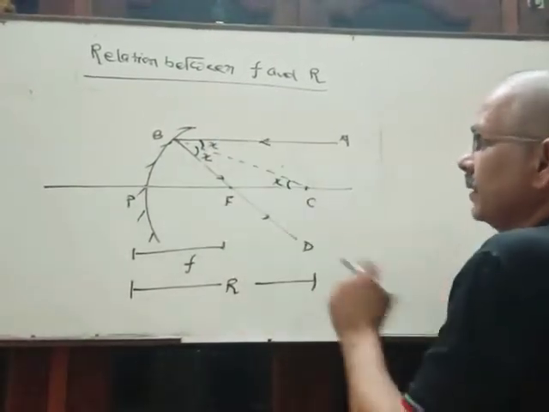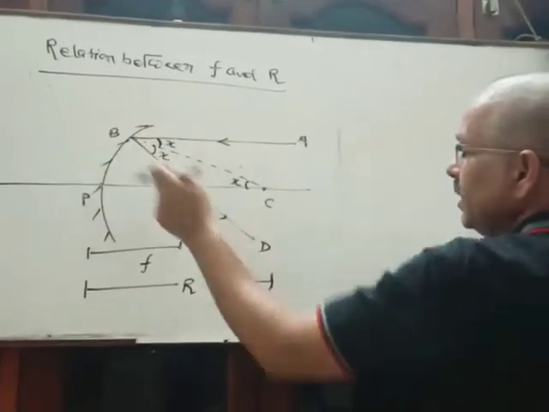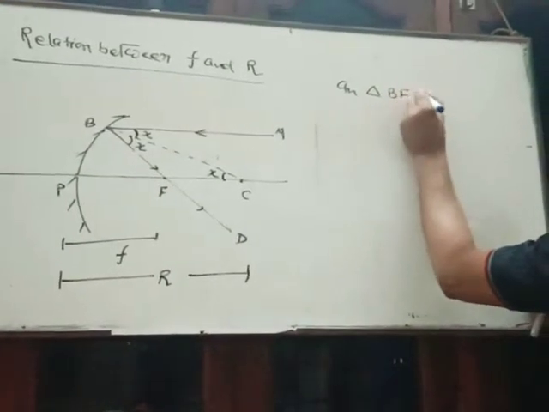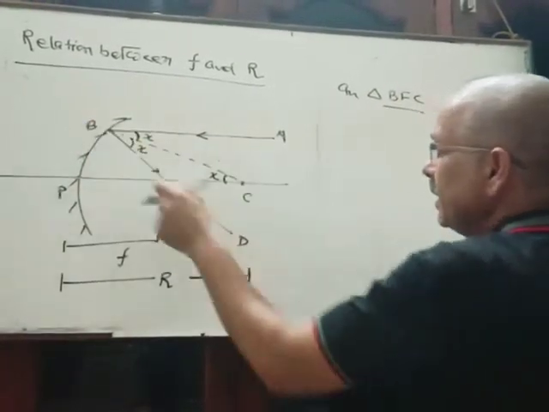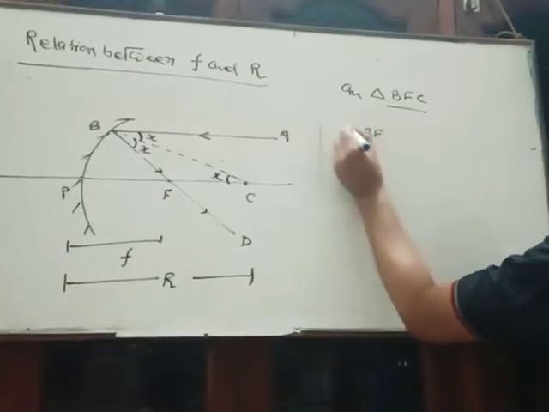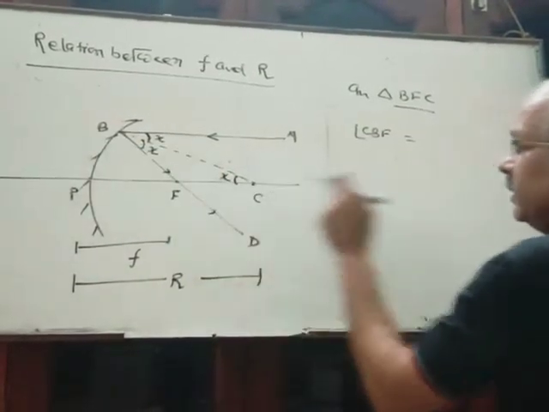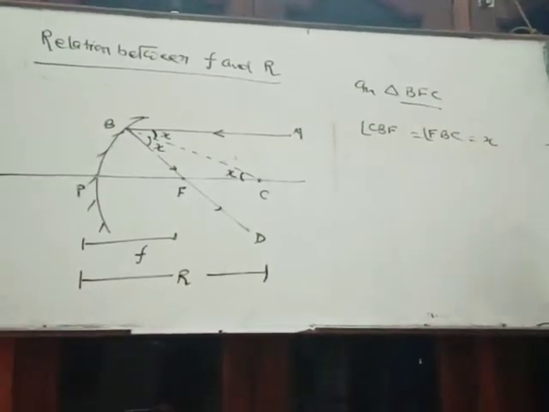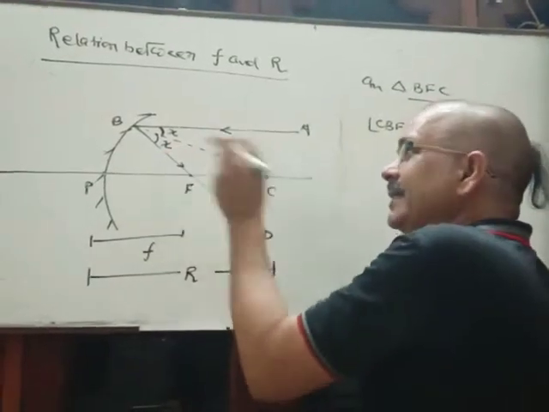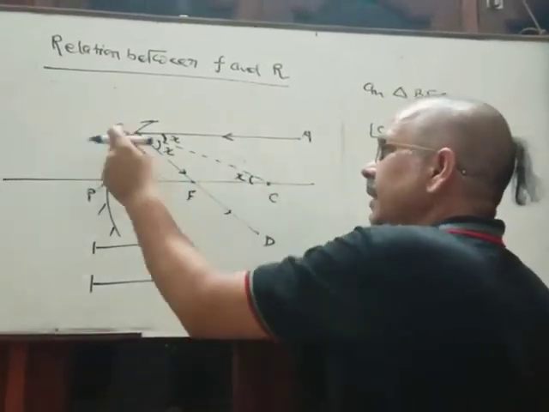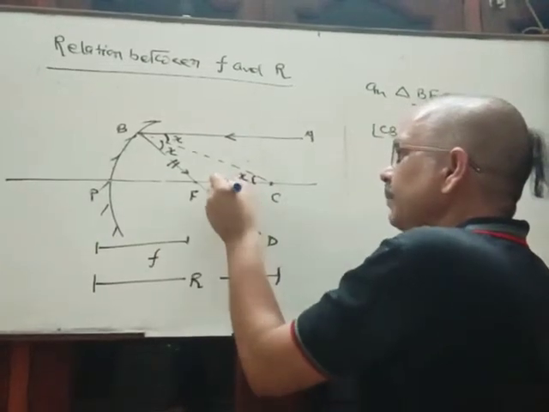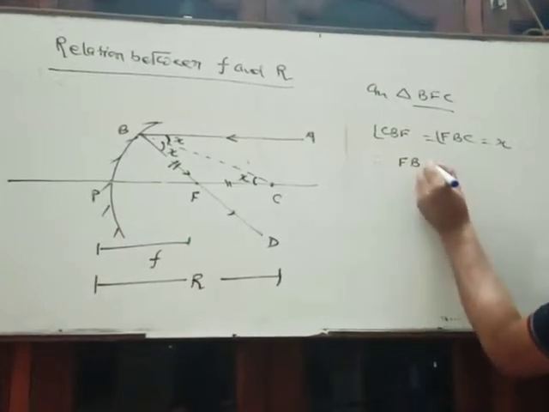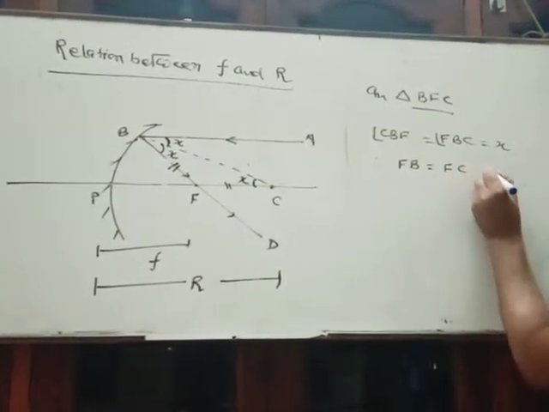So both angles are X. Now see here in triangle BFC, angle CBF is equal to angle FCB, and both are X. So the sides opposite these angles are also equal, its opposite side BF and its opposite side FC. It means FB is equal to FC.